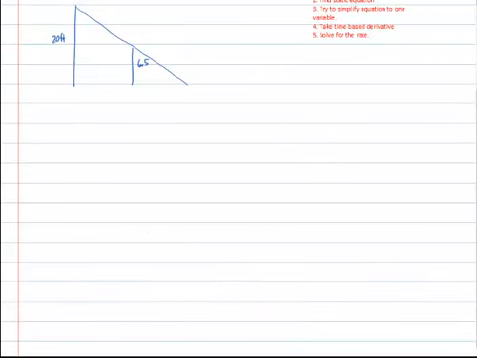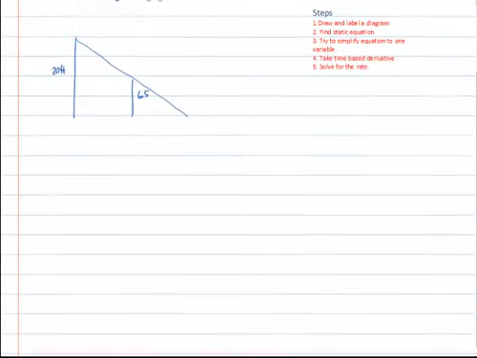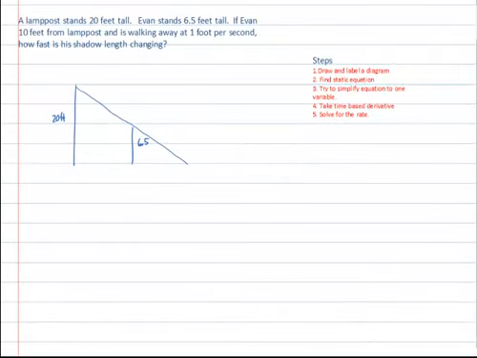Some strange things happened there. We basically can see we have a triangle where the person is standing here, and we have their height and the lamppost height, and we should label some of these diagrams.